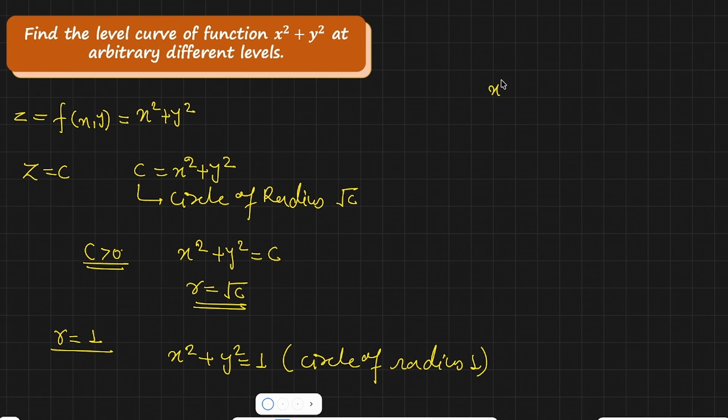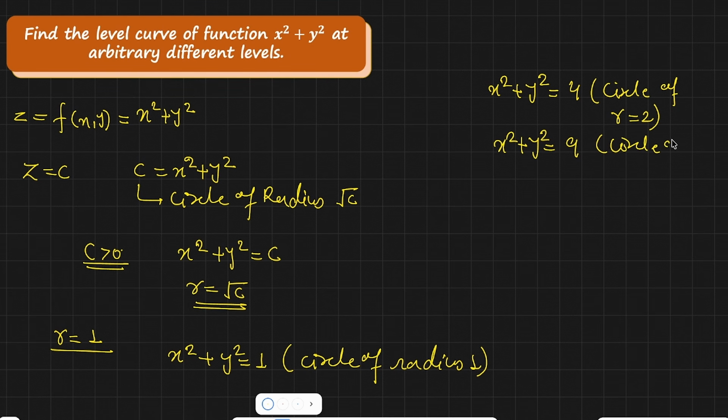If x square plus y square equals 4, it represents a circle of radius 2. If x square plus y square equals 9, it represents a circle of radius r equals 3. So these are different cases.